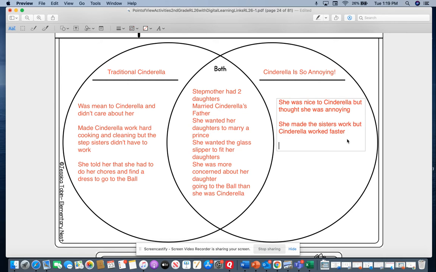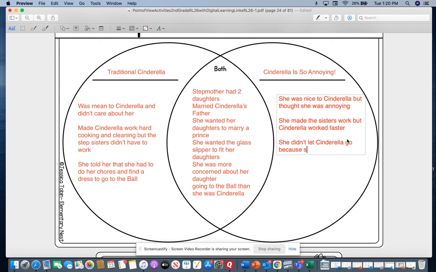But in Cinderella Is So Annoying, she didn't let Cinderella go because she lost her voice.